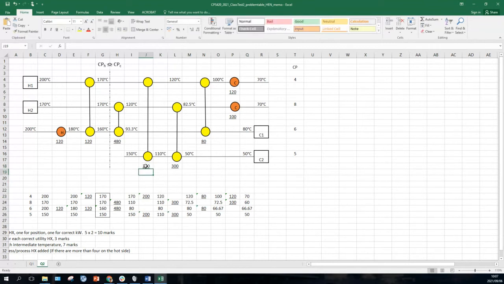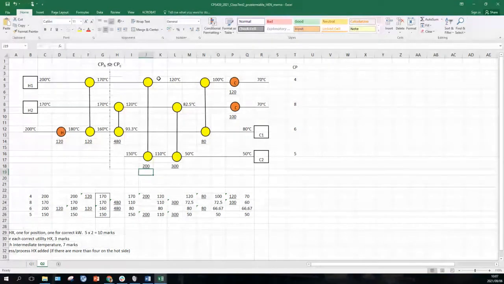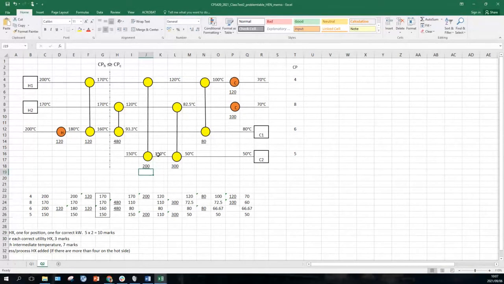Now, you could have done the maths because you just needed to find out, this is X, and whatever X is, you'd be able to work out this temperature, this temperature and that temperature, given a certain X. And you needed to make sure that it's two simultaneous equations where these two must be equal to 10 degrees C. This 120 minus 110 must equal 10 degrees C. And then you can solve for X for that enthalpy.